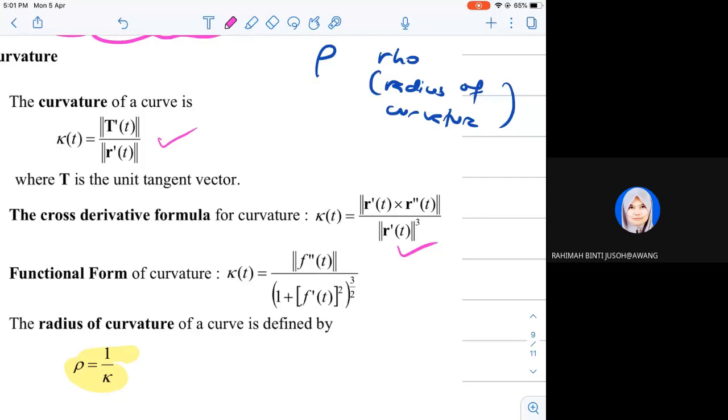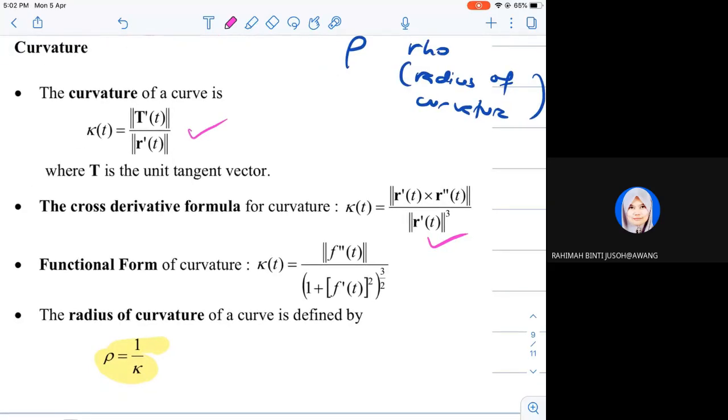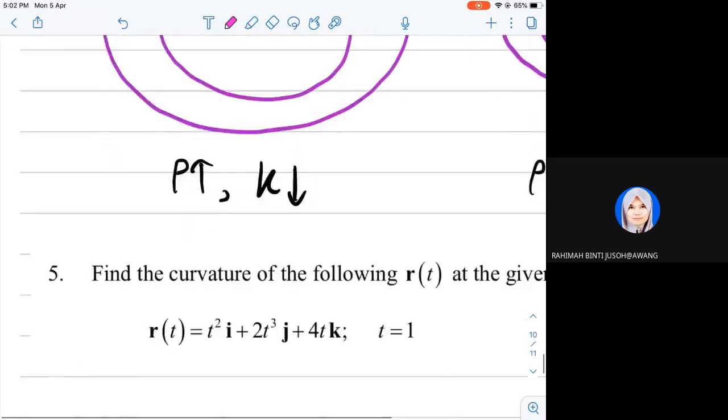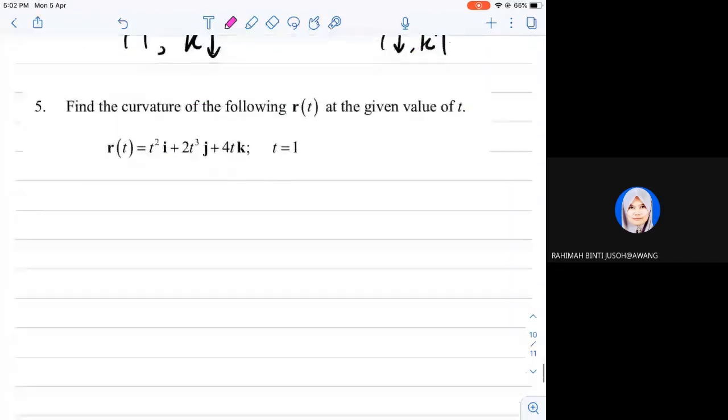Kalau soalan tu y in terms of x, contohnya y equals to x kuasa 2, better guna formula ketiga ni. Curvature memang ada banyak formula, so you kena tahu which one yang you nak guna. Saya tak kata you tak boleh guna formula kedua untuk problem trigo, boleh, tapi which one easier. Dalam question number 5 ni, it's better for you to use second formula.